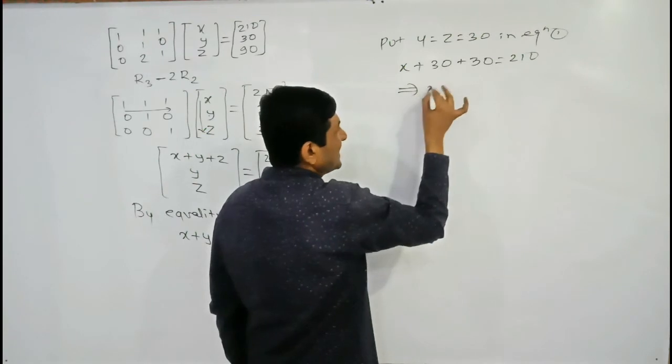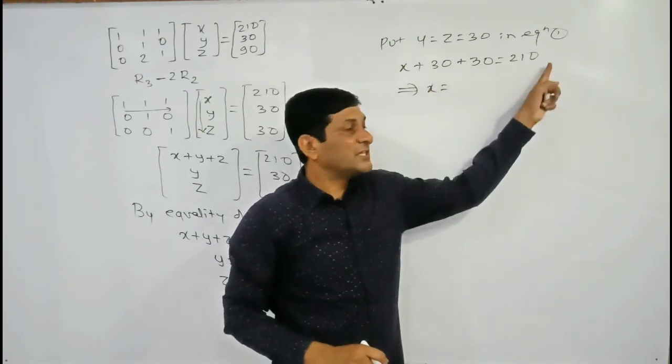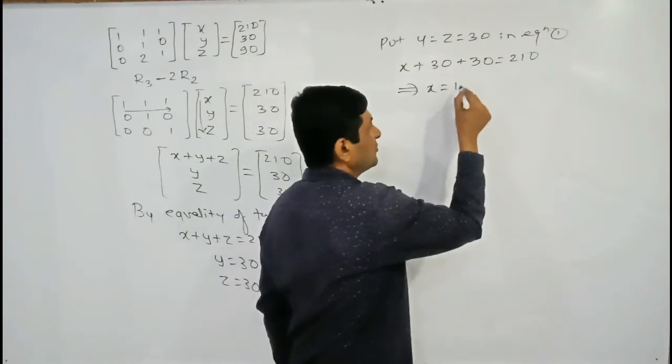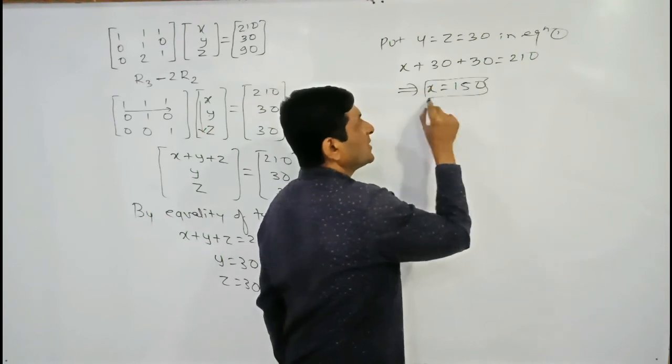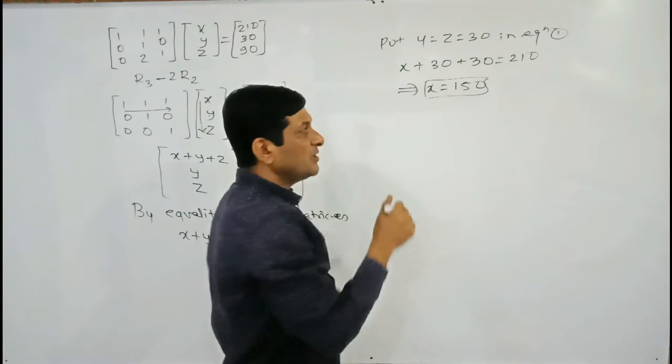So which implies that x is equal to 30 plus 30 is 60, plus 60 on this side will become minus 60. So 210 minus 60 will be equal to 150. So in this way we have got the values of x, y and z. x means the cost of a book of mathematics.